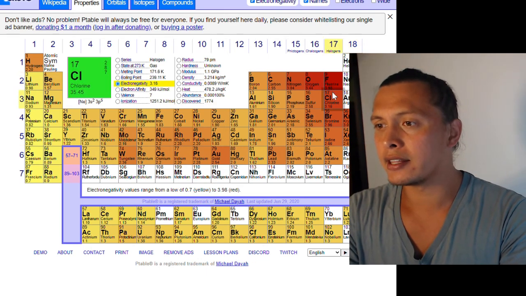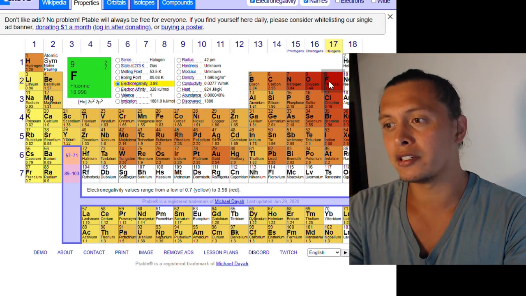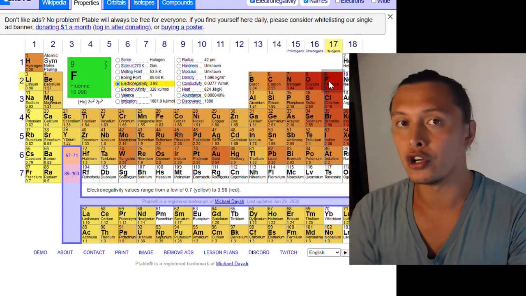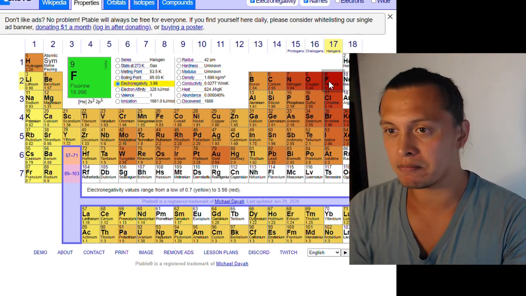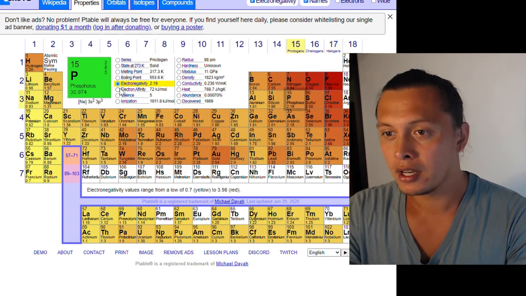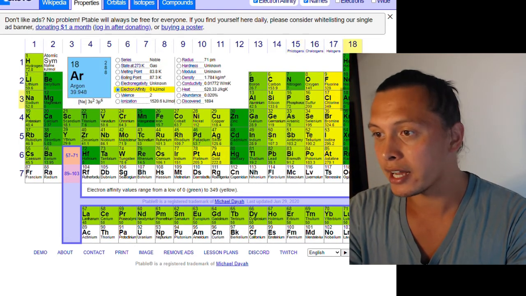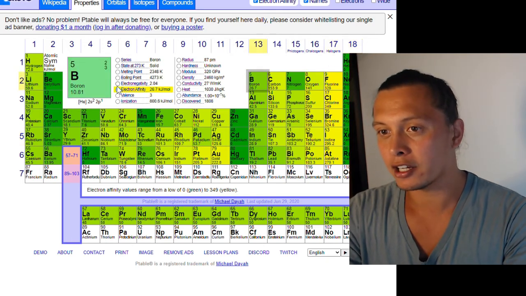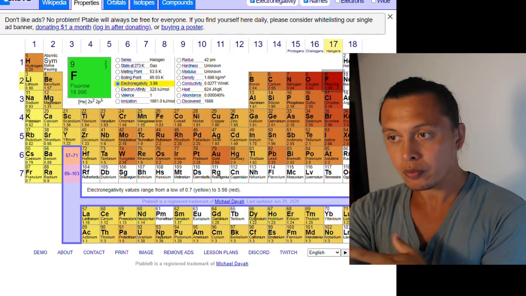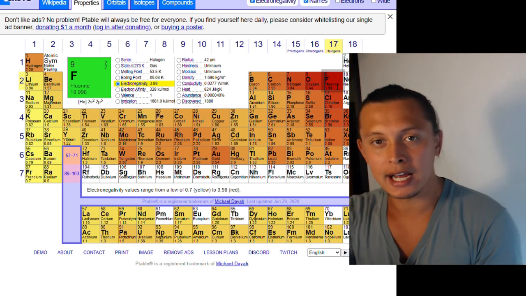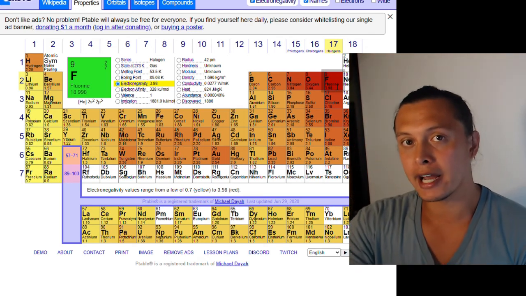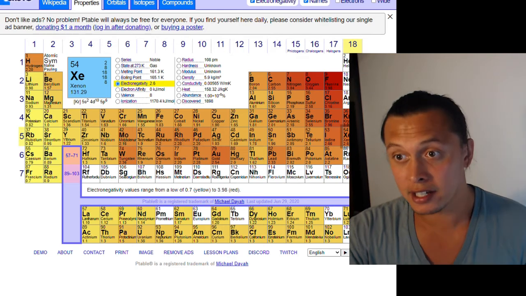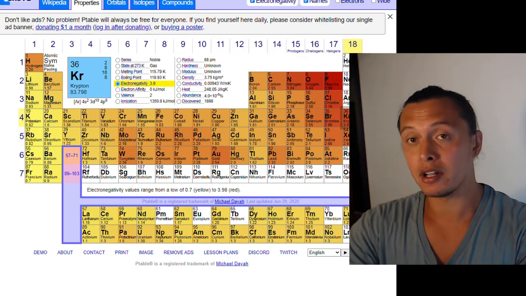Granted, I think that this is the electronegativity of being able to grab a new electron, but I forget a lot of these. No, I think electron affinity is that. So fluorine has very high electron affinity. So regardless, fluorine has very, very high electronegativity, whereas xenon does not have the same amount of electronegativity.